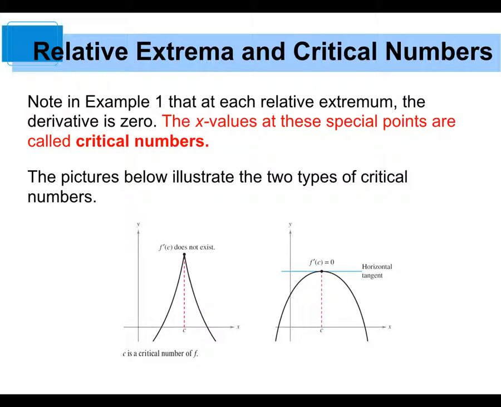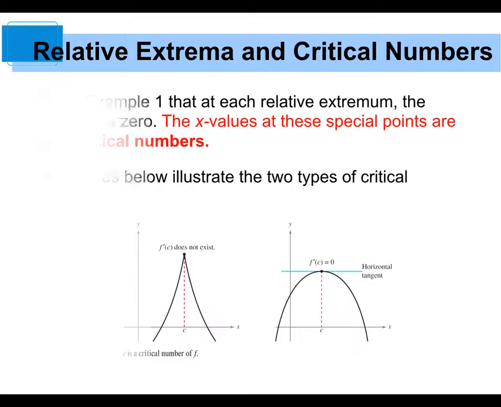Once you find the critical number of a function, that critical number might be a relative max or a min. Now we go back to some geometry, when we talk about the logic here. If something is a critical number, it doesn't necessarily mean that it's a max or a min. If something is a max or a min, it must be a critical number, but the converse is not true.